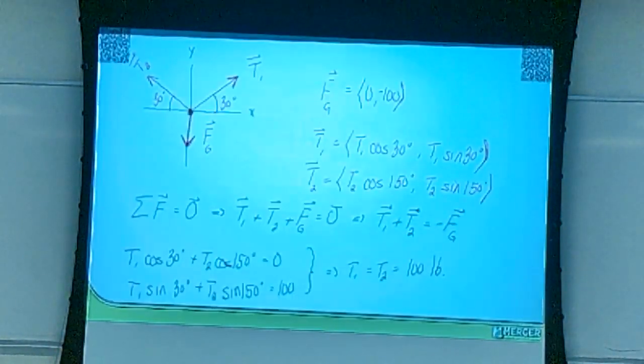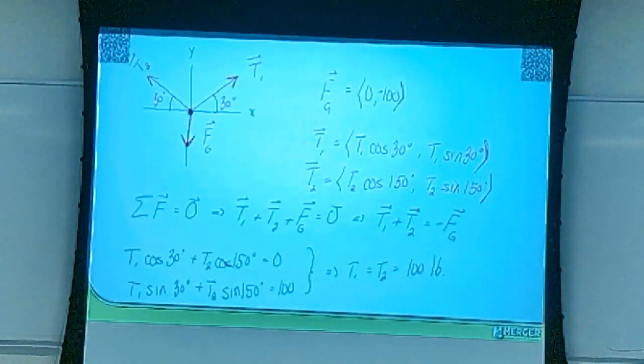I followed, but it's a vector equation now, it's not a normal equation. Yeah, because Newton's laws deal with vectors. That's why you have to look at it as a vector.